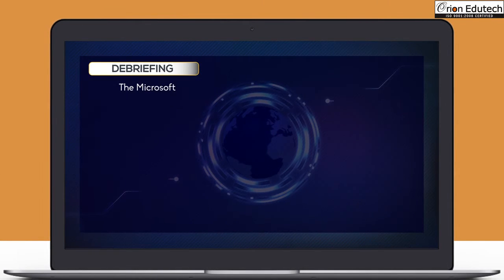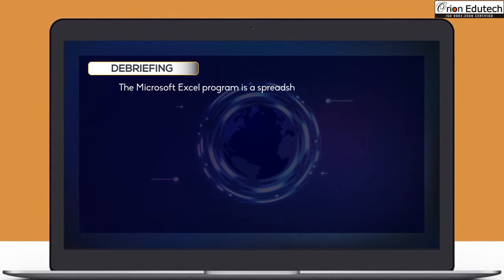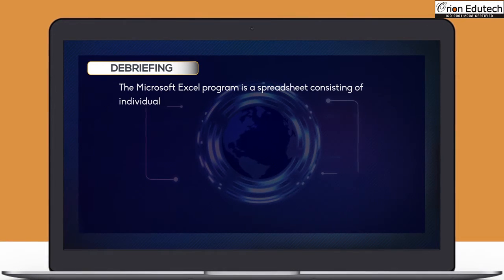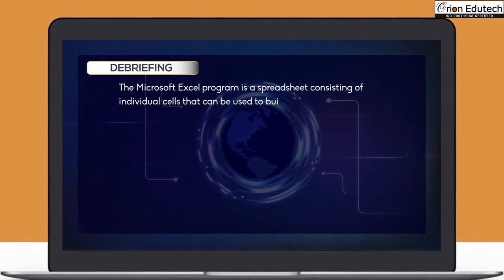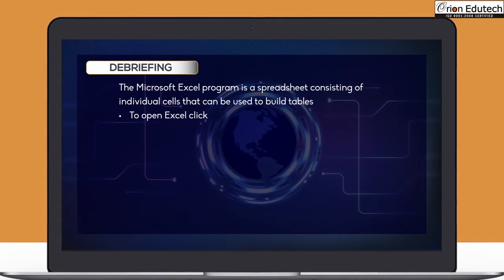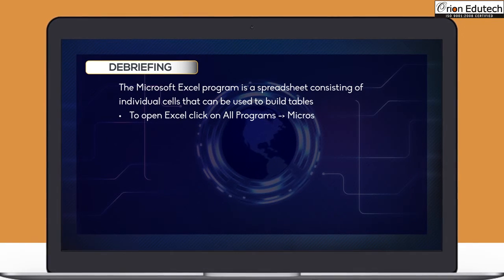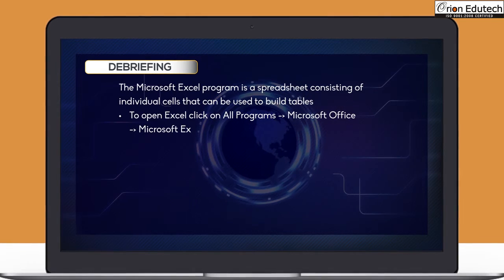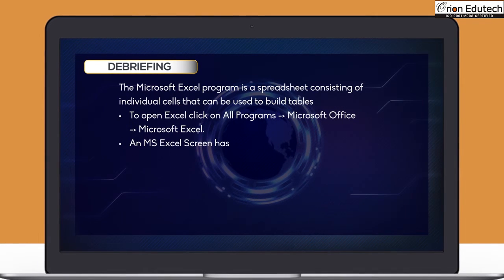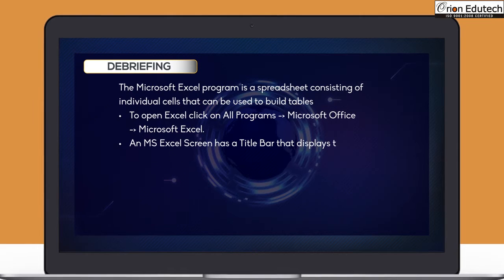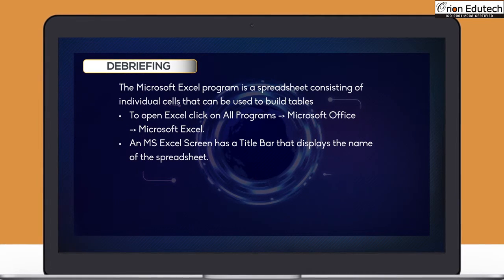The Microsoft Excel program is a spreadsheet consisting of individual cells that can be used to build tables. To open Excel, click on All Programs, Microsoft Office, Microsoft Excel. An MS Excel screen has a title bar that displays the name of the spreadsheet.